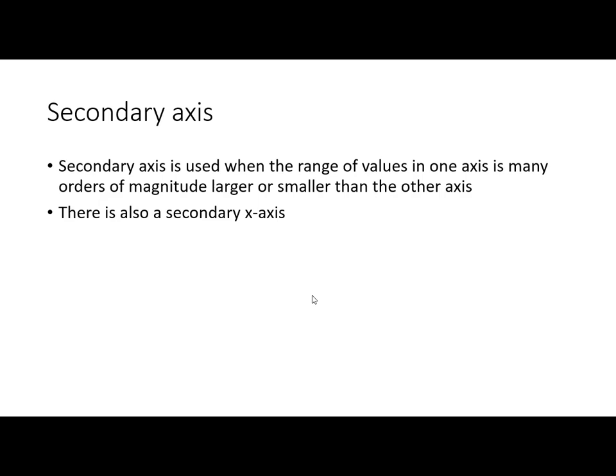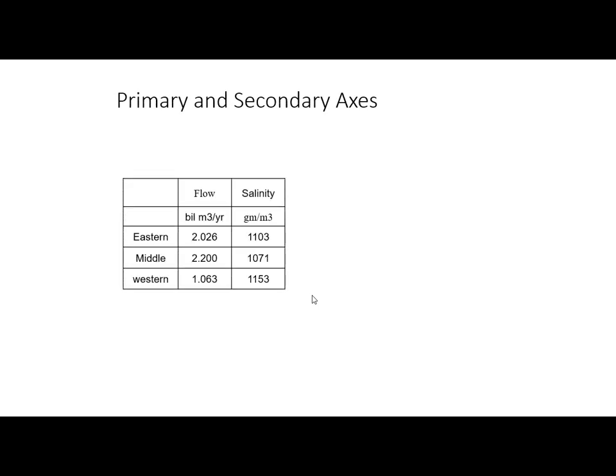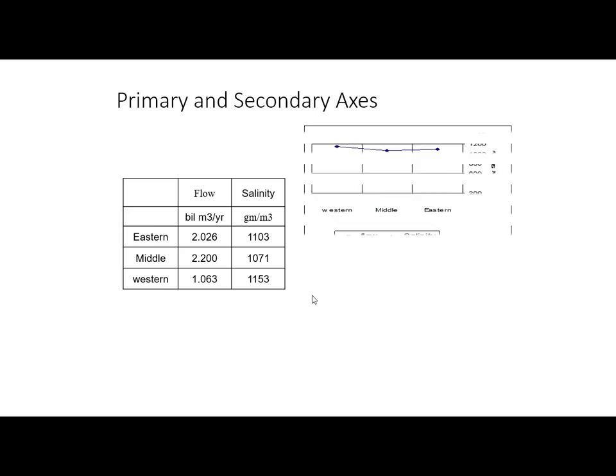Secondary axis is used when the range of values in one axis is many orders of magnitude larger than or smaller than the other axis. If you look here, we have drainage data from the eastern, middle, and western of the delta, and we have two columns, one for flow in billion cubic meters per year and salinity in gram per cubic meter.